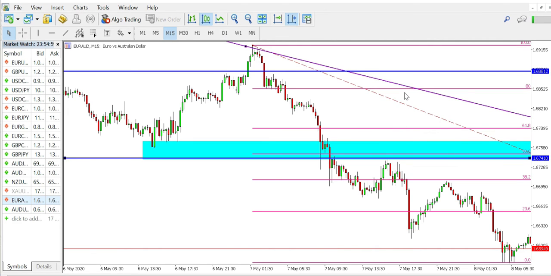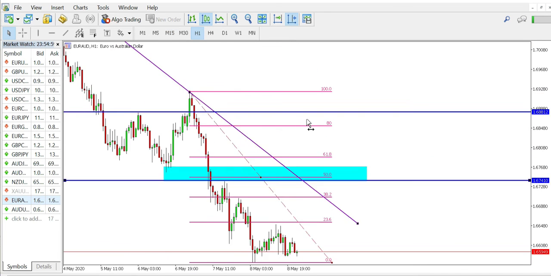Sometimes it just gives a wick out and moves in your direction. So normally I just put the stop just above the second resistance. This is the first resistance. This is the second resistance. I'll be putting it at the second high of the area. So 1.6180 will be my stop for the trade.